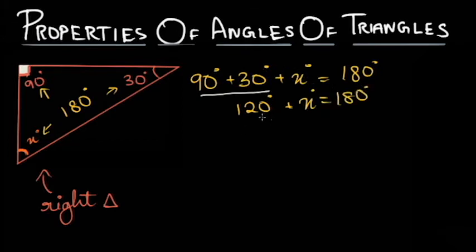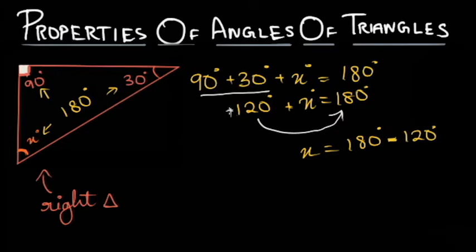Next, we transpose 120 to the other side. Here it is 120 plus X, which means it is involved in addition. When it goes to the other side, it turns to subtraction.